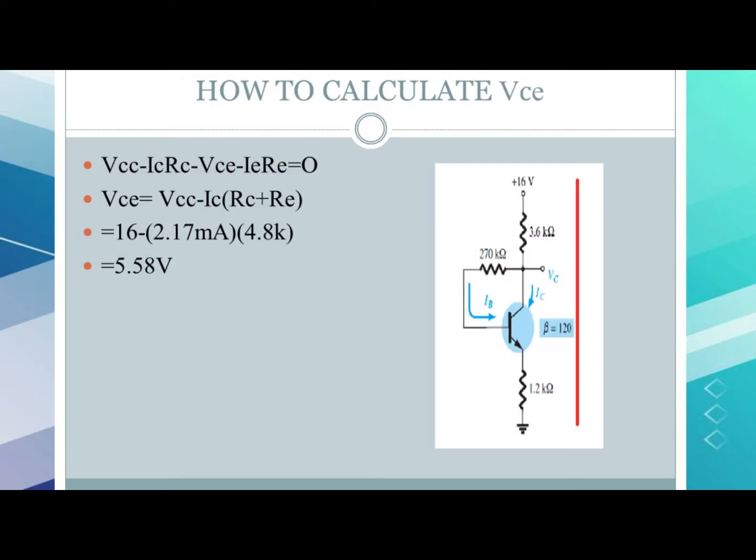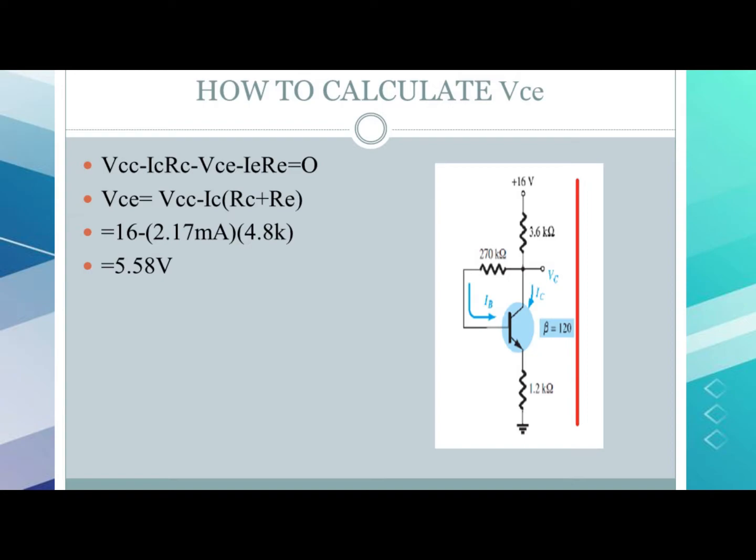How to calculate VCE? To calculate VCE, we use KVL. So, we can get the equation. The first equation is VCC minus ICRC minus VCE minus IERE equal to 0. VCE equal to VCC minus IC bracket RC plus RE.